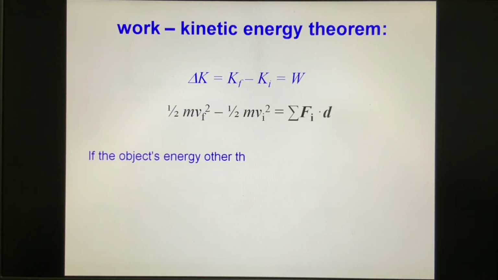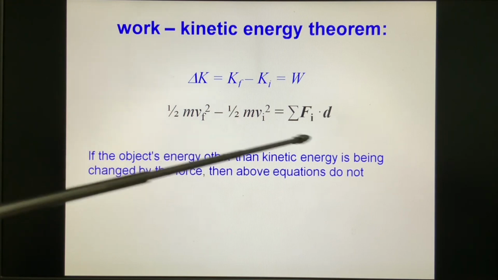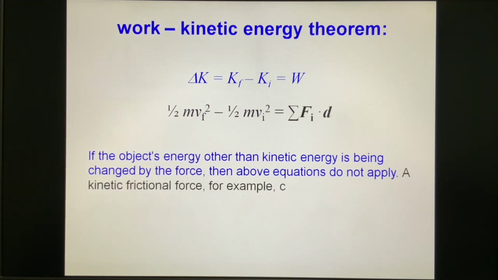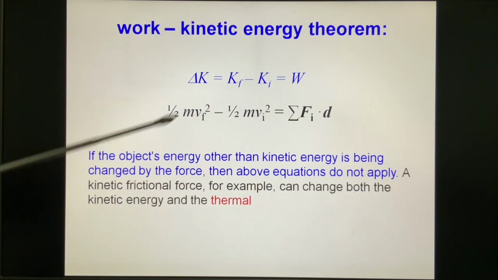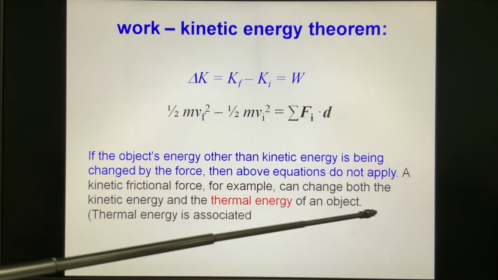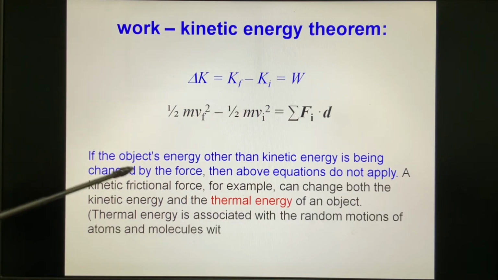If the object's energy other than kinetic energy is being changed by the force, then the above equation does not apply. A kinetic frictional force, for example, can change both the kinetic energy and the thermal energy of an object. In that case, it does not apply. Thermal energy is associated with the random motions of atoms and molecules within an object.